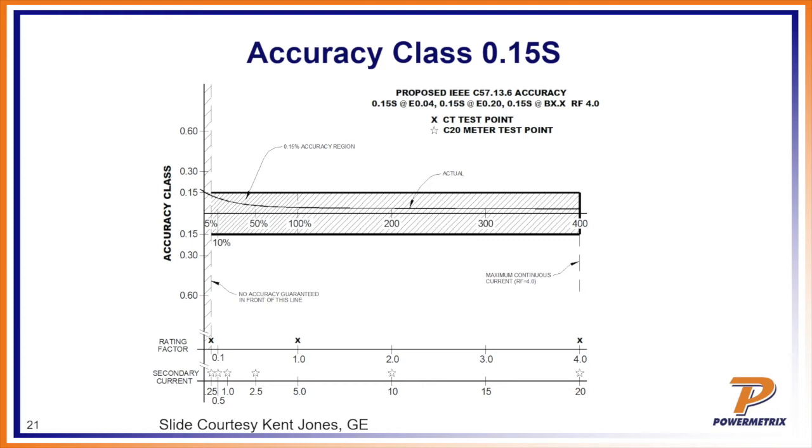So your accuracy goes down a little bit as well. So what I'm trying to say is I can get a 0.15S CT in the field, but it doesn't necessarily mean it's going to translate to 0.15% across the entire range in the field. So I just want to be clear on that point.